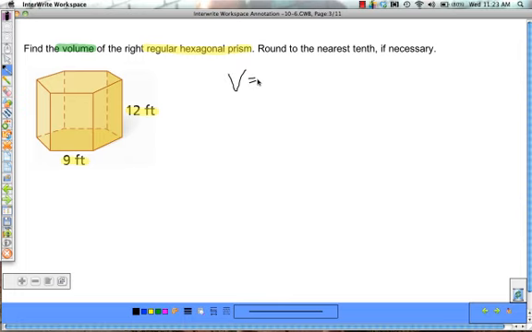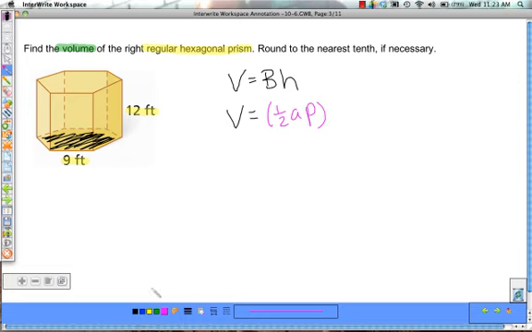To find the volume, according to the formula chart, it's area of the base times the height. Well, we have to look and see what shape our base is. Here it is a regular hexagon, so looking at your formula chart, we need to substitute in the formula for the regular polygon, which is where you need your second color.